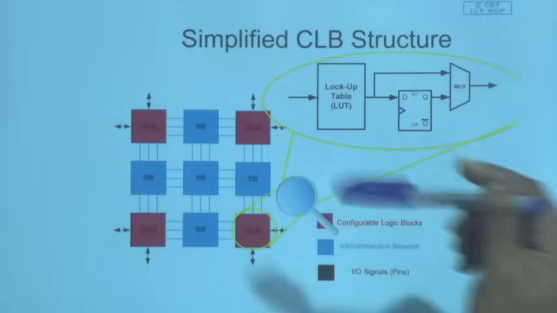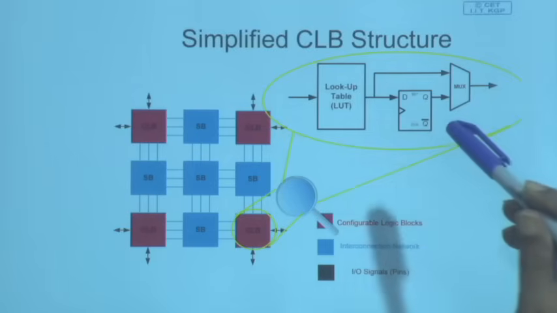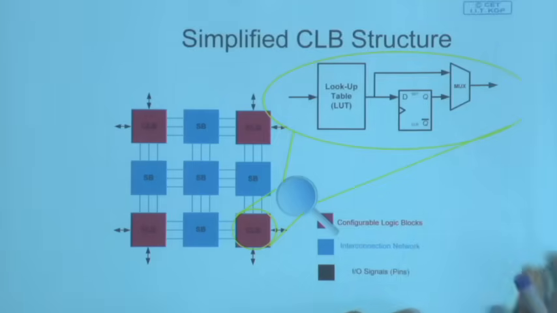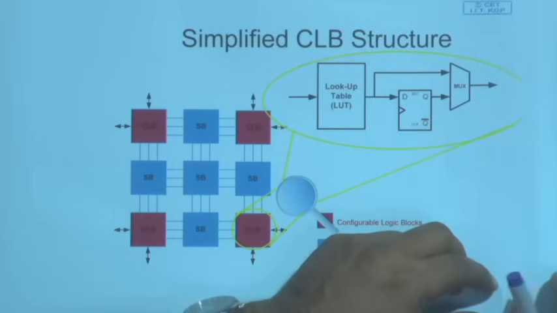Okay. So, given the same diagram, you hold on to this diagram and we will try to implement one very simple logic function, that is a 4 input AND gate using this. Simplest possible 4 input AND gate.